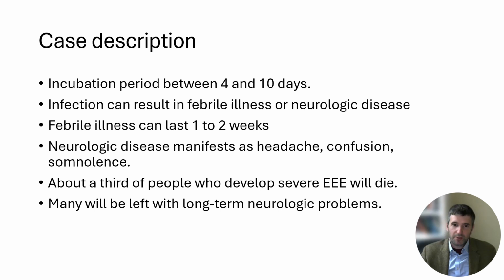Or you can develop a severe neurologic disease that manifests as headache, confusion, and somnolence. About a third of the people who develop severe EEE will die, so it's a fairly morbid disease. And many people who do develop severe EEE, if they survive, will be left with long-term neurologic problems.